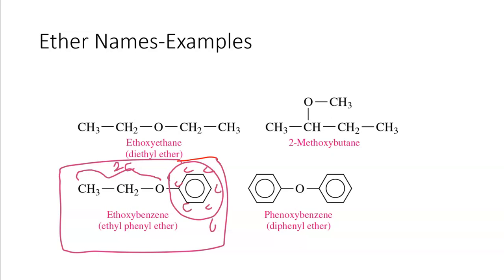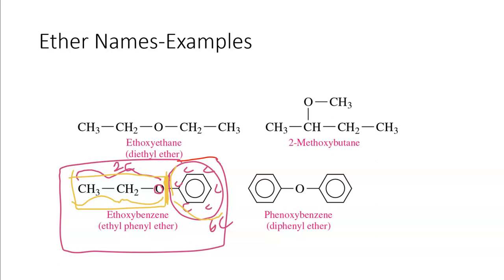So there are 6 carbon atoms, so I need to keep the oxygen atom with the smaller number of carbon atoms. So I will split the molecule from this oxygen carbon bond. Okay. Now this part will be named as ethoxy and this part will be named as benzene.